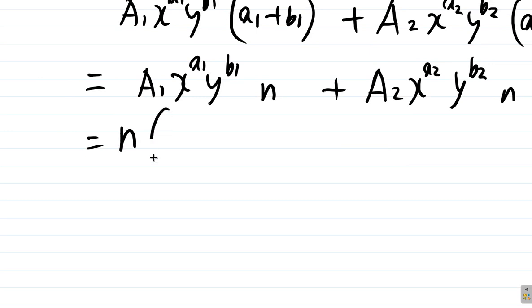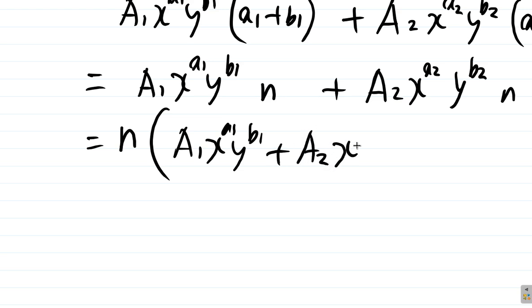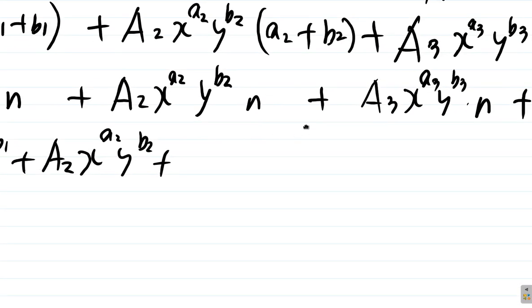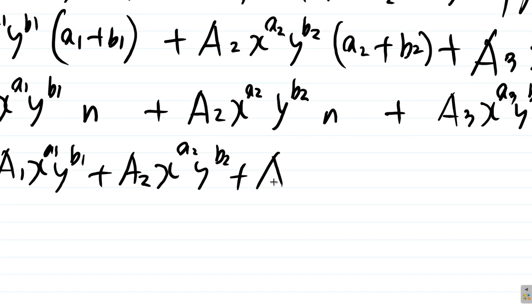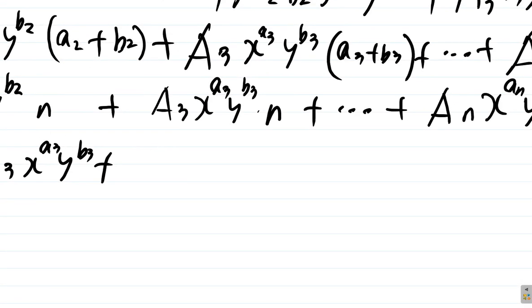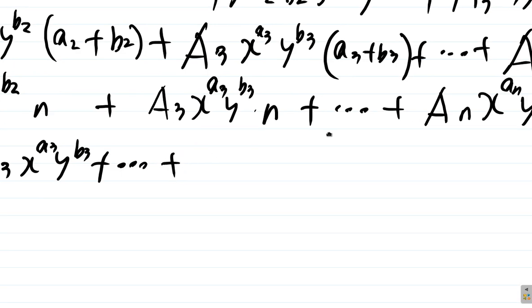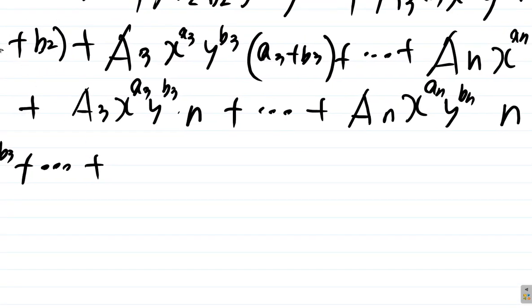So if we put n outside the bracket, inside the bracket we have a1 x to the a1 y to the b1 plus a2 x to the a2 y to the b2 plus, we have a3 x to the a3 y to the b3 plus dot dot dot, it goes on, plus, and then it stops at an x to the an y to the bn.